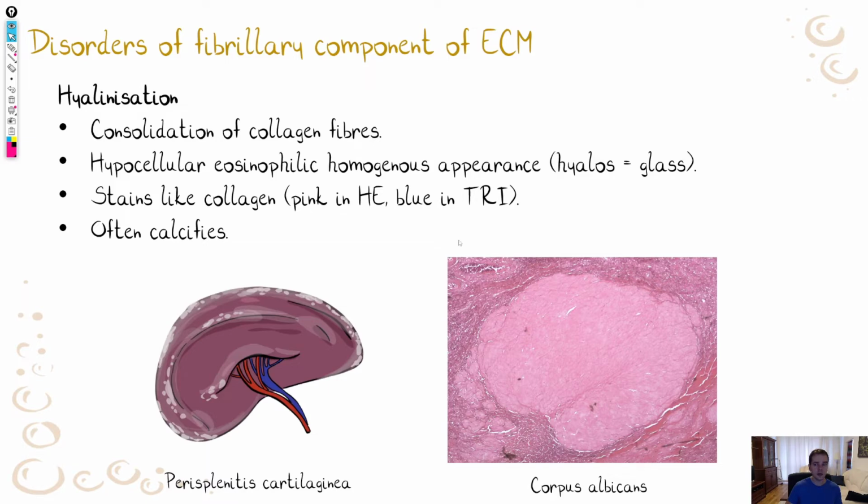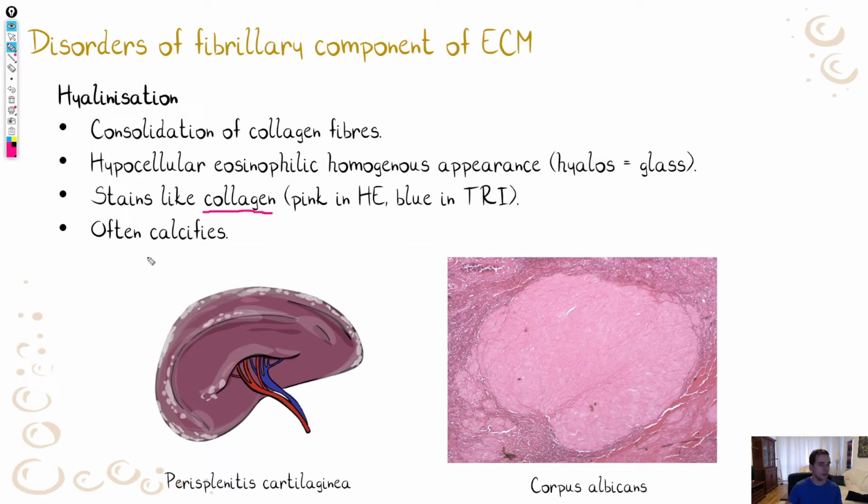Hyalos in Greek means glass, so it has some sort of glassy appearance. It stains like collagen because it is collagen, it's just more dense. In hematoxylin eosin it will be pink. In trichrome, for example blue trichrome, it will be blue. In green trichrome, it will be green.